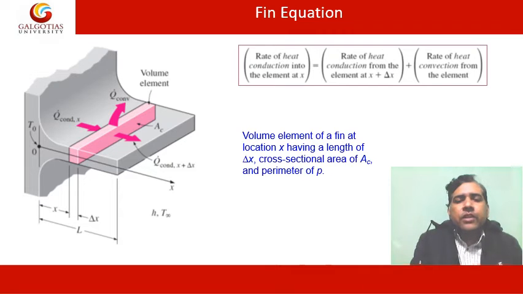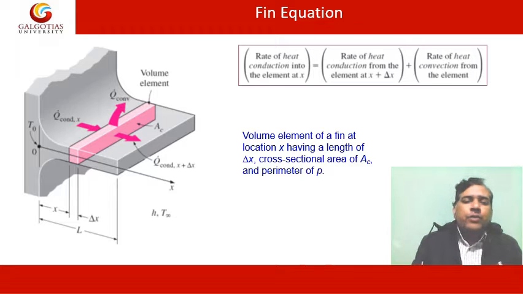There are two ways to increase the heat transfer rate by convection. One is by increasing the heat transfer coefficient. But increasing the heat transfer coefficient may not be sufficient to increase the large amount of heat. So another way is to use the fin, which increases the surface area through which heat can be transferred to the surrounding.